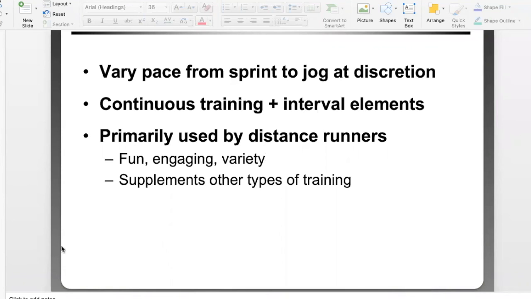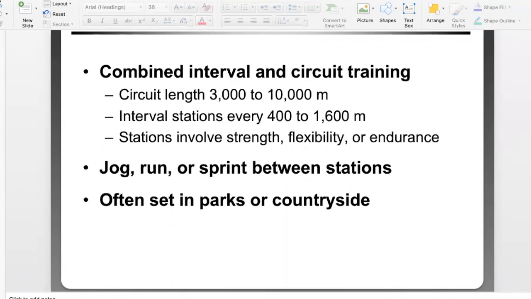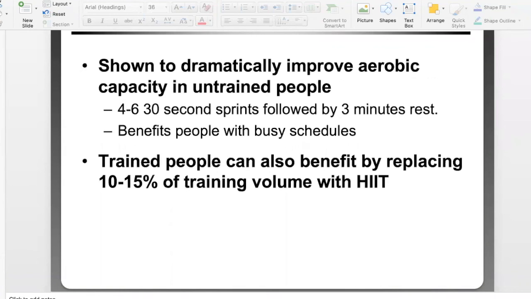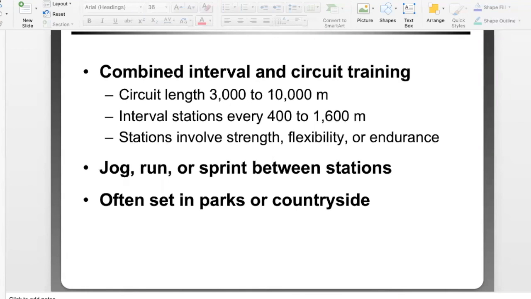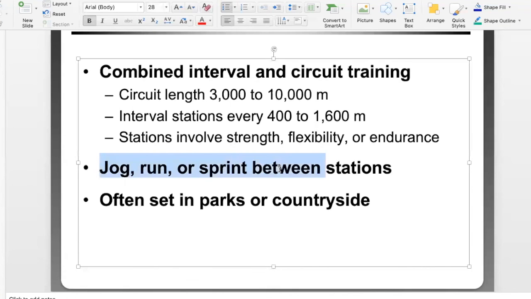And then you can also do things like circuit training, cross training, and all sorts of different modes in terms of running, fartlek training, high intensity interval training, jogging, doing cross training between exercises. All right.